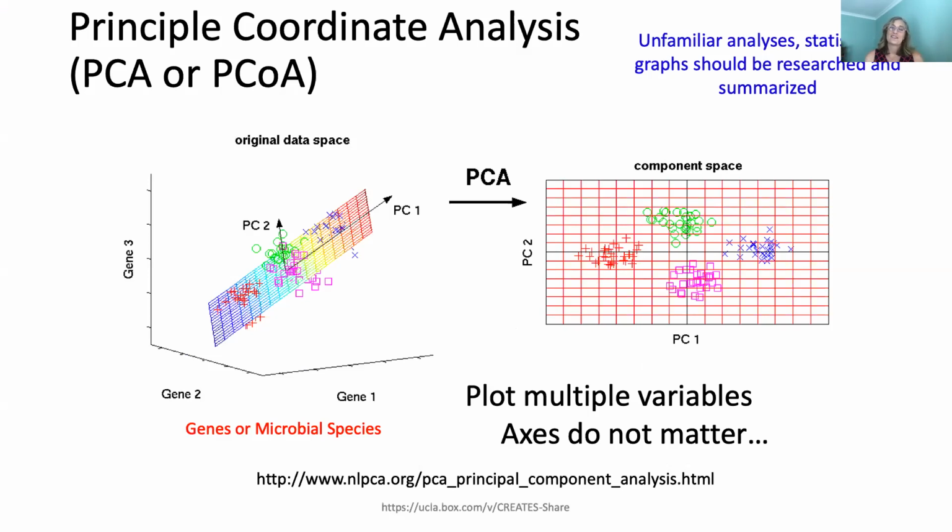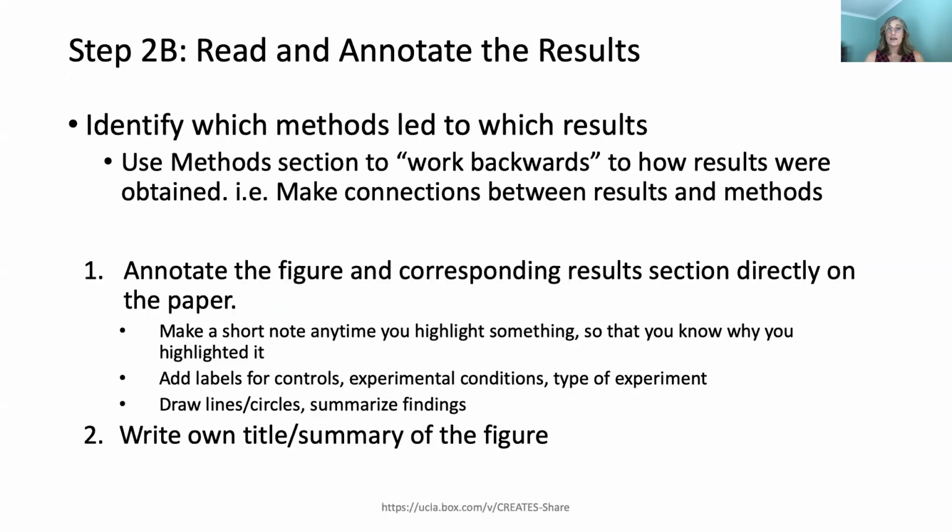All right. Once the methods have been cartooned and sufficiently explained to the students, then step 2B of this is to go now into the results section of the paper. And now that they have an idea about what methods have been done, reading the results to identify which methods led to which results, right?